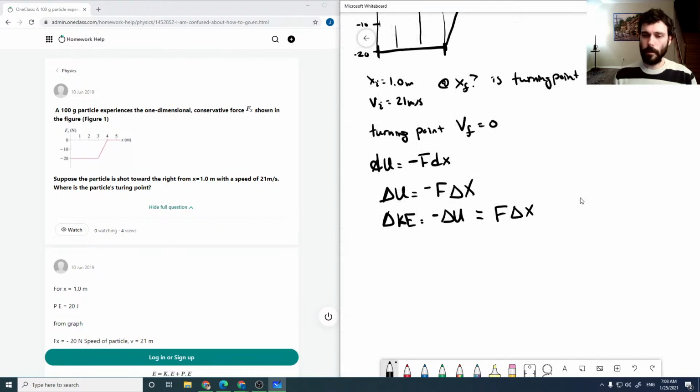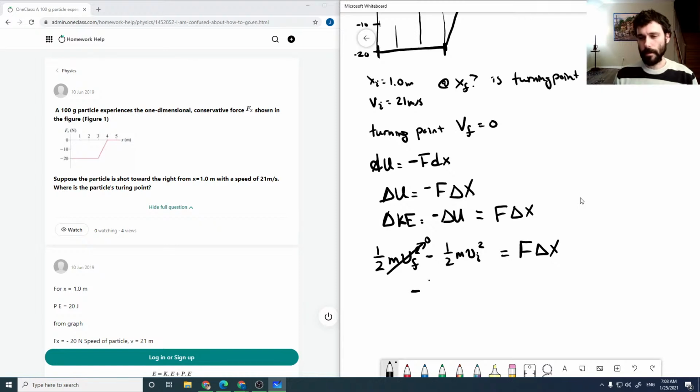Okay, so then we have 1/2 m vf squared minus 1/2 m vi squared, which is delta KE, is equal to F delta x. That's 0 for our turning point.